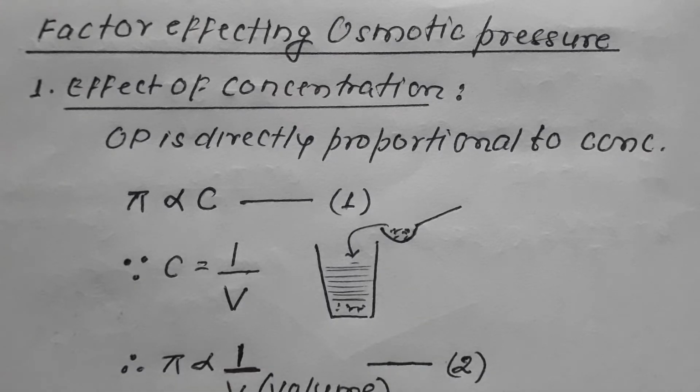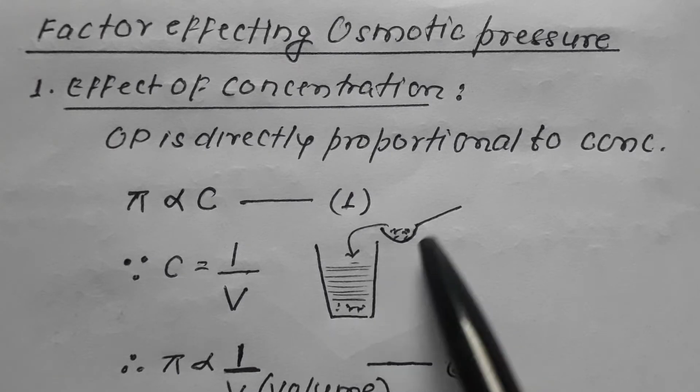Now, as we know, C is a reciprocal of V, the volume. If we keep the amount of substance the same and increase the volume, then the concentration of the solution will change.